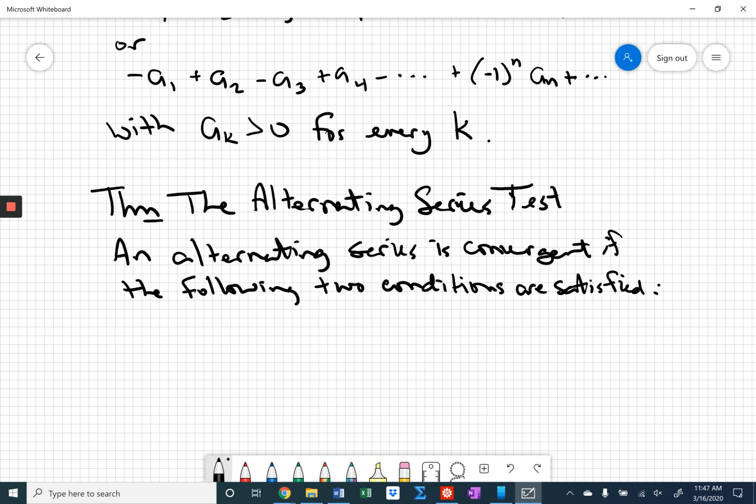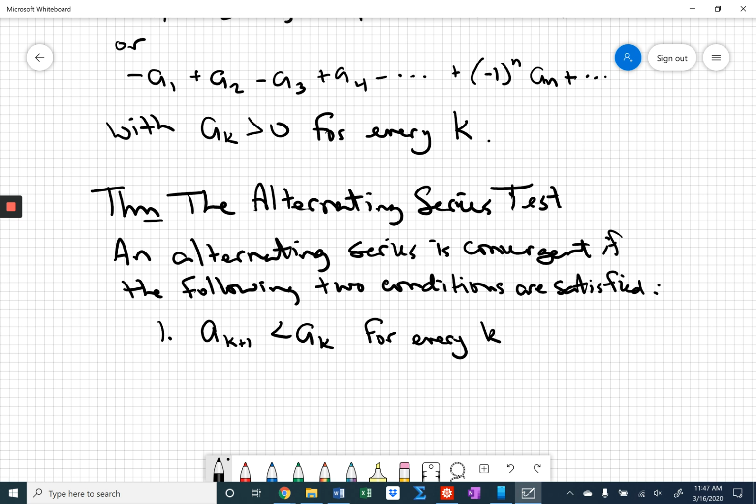And the two conditions are: 1, we need a sub k plus 1 less than a sub k for every k. Now hopefully you recognize what that's telling us. Since each new term is less than the term right before it, that means the series is decreasing.